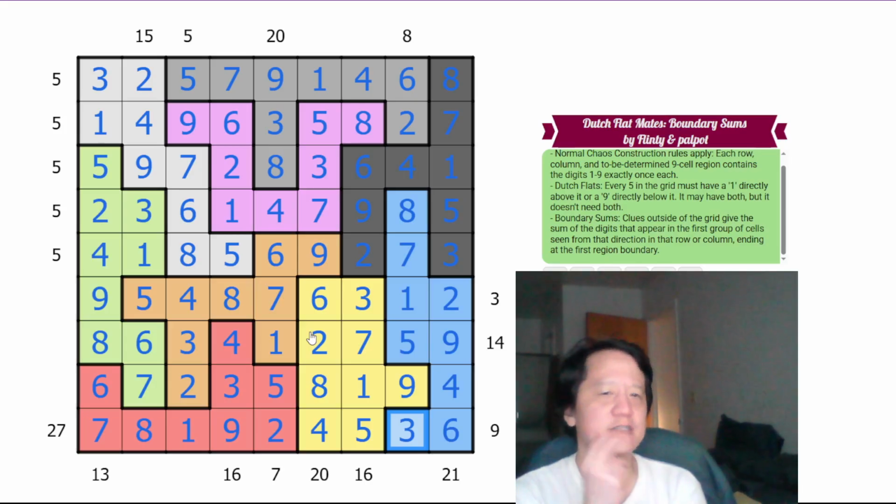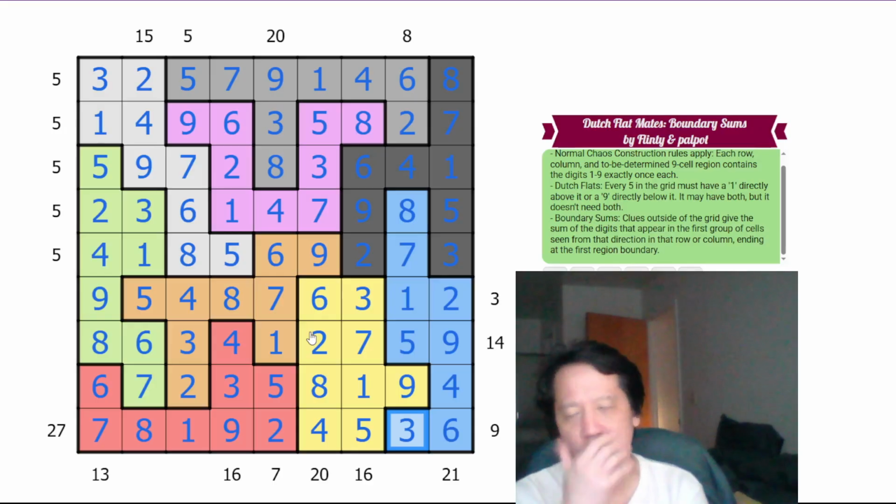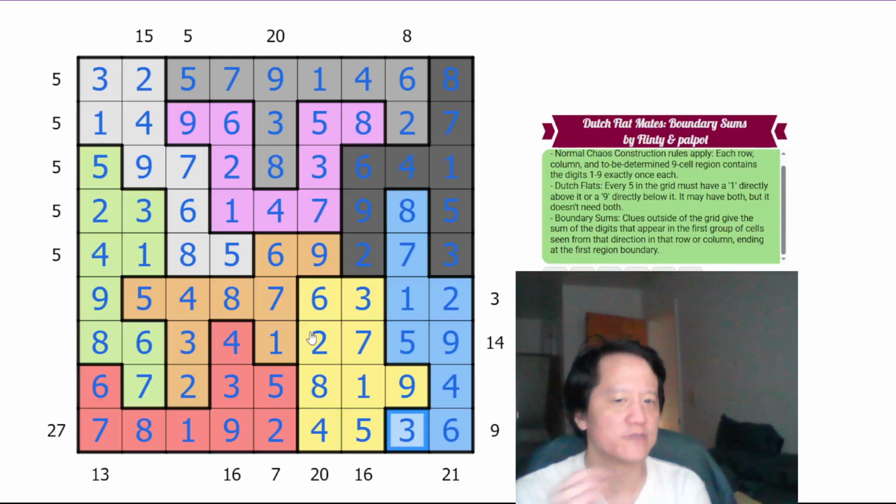Even for a chaos construction, which I've done a ton of, I don't think this was necessarily straightforward. I think I would place this in hard, even though for me it's between challenging and hard difficulty level. I think it's significant enough above challenging that I would place it as a hard difficulty level.